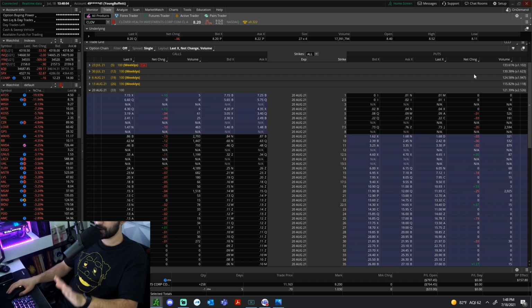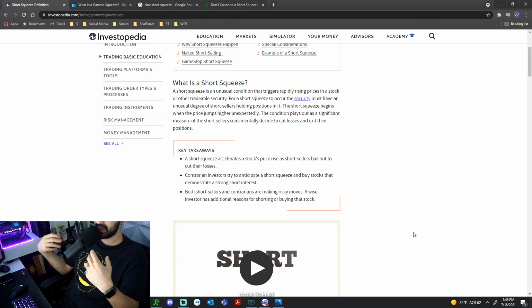But if more and more people are buying these shares and the price goes up, they can't afford that, and they say, you know what, we need to exit this position. So then they cover, and the act of covering sends the stock up. So that's a little bit of the difference between a short squeeze and a gamma squeeze.